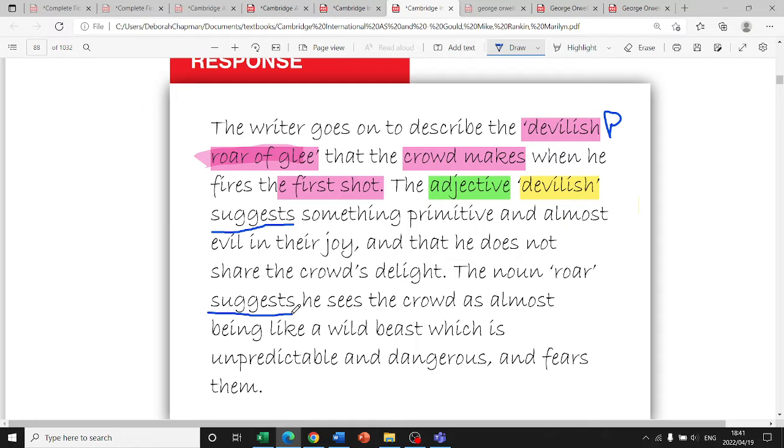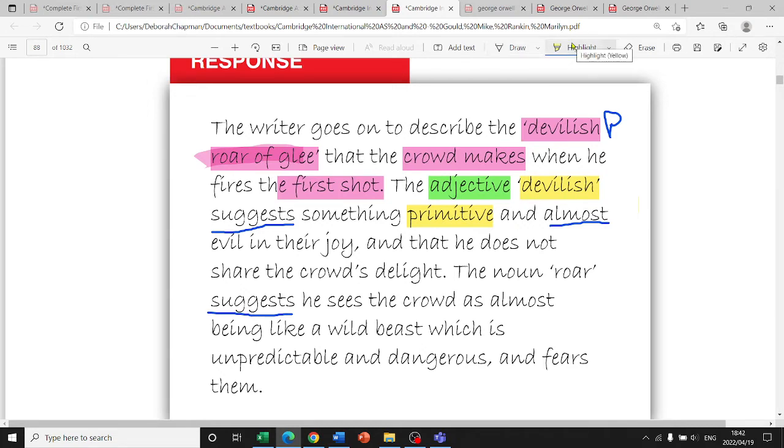So, the adjective devilish suggests something. And think about what that word devilish suggests to you. It does have a very negative connotation. All of these are thoughts that can come into your mind when you're writing. It suggests something primitive, and something that is almost evil in their joy.